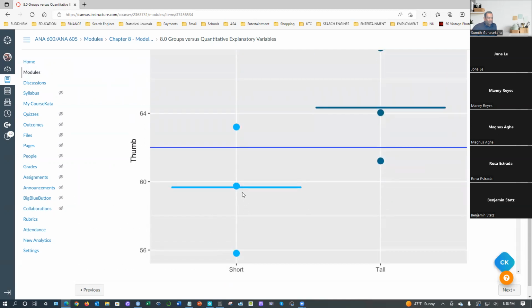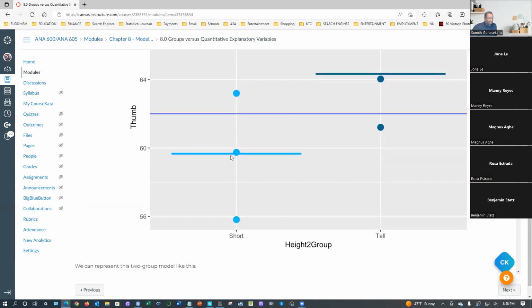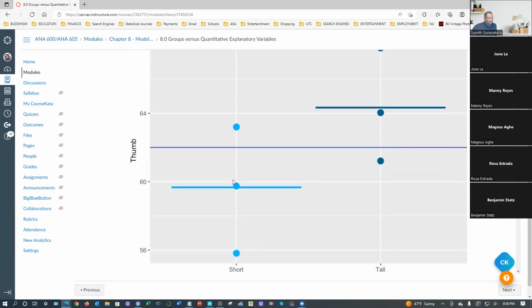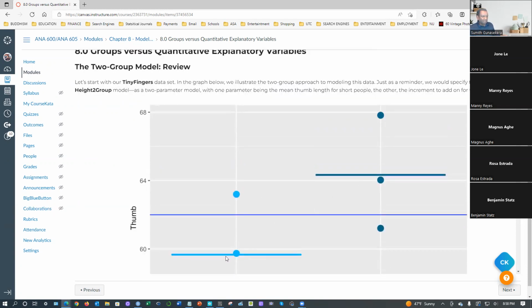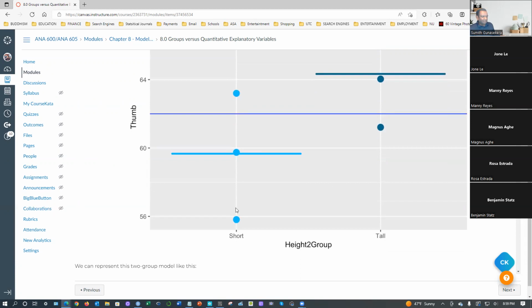And these people, 56, 59, 60, 63. Let me check what the values are. I think I remember 56, 60, 61.